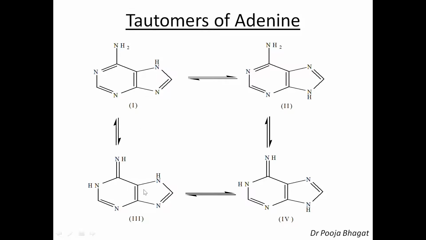In first and third structure, the hydrogen is present at the 7th position. Here amino group is present. Here imine is present. Now in second and fourth, the hydrogen atom is present at the 9th position. This is amine and this is imine. And therefore these are the 4 tautomers which are present in adenine, shown in these 4 tautomeric forms.